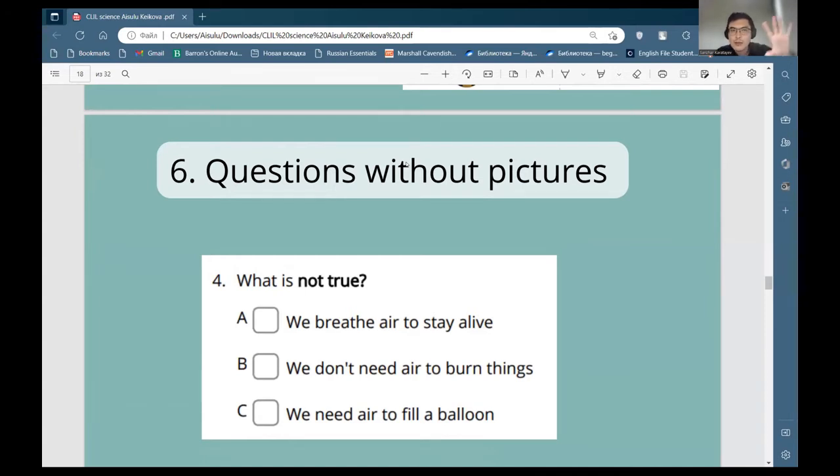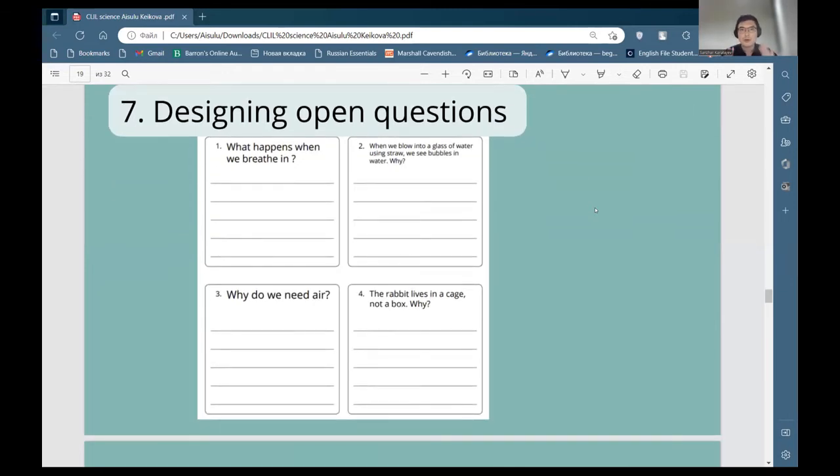In the beginning, you started off by breaking complex questions into simpler ones, but as you go down, towards 5, 6, and 7, you make questions harder. There's no picture, for example, and number 7, I believe, was open-ended, right? So what is the logic behind this structure, going from simple to more complex?